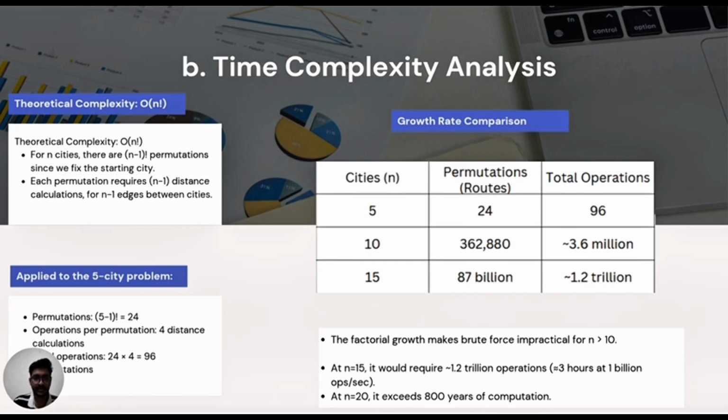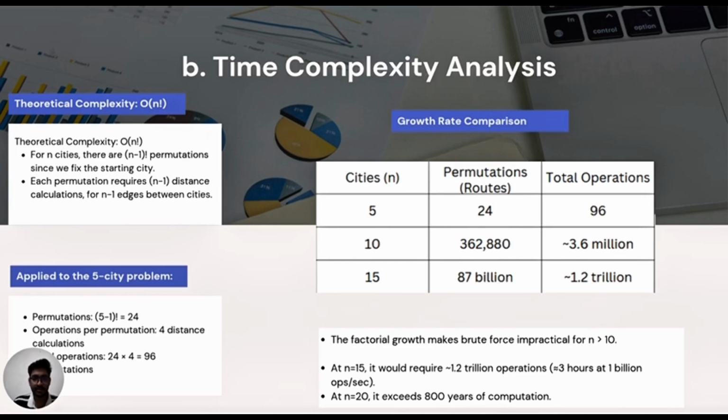Next is the growth rate comparison. For 5 cities, the permutations are 24 and the total operations are 96, as explained before. For 10 cities, the permutations are 362,880 and the total operations are around 3.6 million. For 15 cities, the permutations become 87 billion and the total operations are around 1.2 trillion.